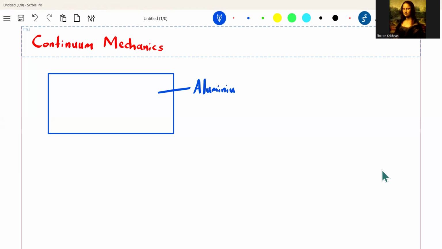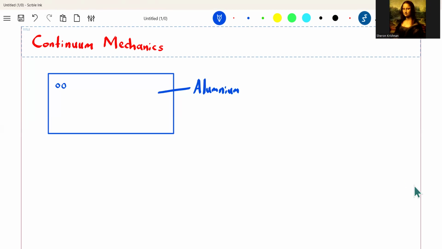If we go to a very small scale, not even micro scale, but nanoscale level, you will get the aluminium atoms. These aluminium atoms are combined by the metallic bond between the atoms and form this aluminium metal.